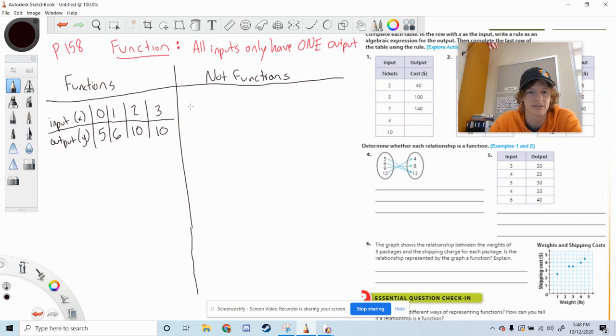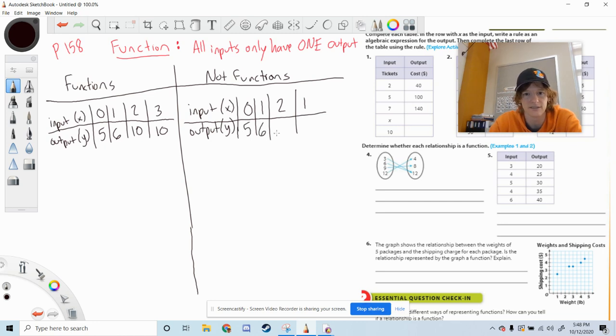So let's see something that's not a function. Input x, output y. So here's one that would not be a function. 0, 1, 2, 1. So this will be 5, 6, 10, 10. So the input of 0 has an output of 5. So that's good. The input of 1 has an output of 6.